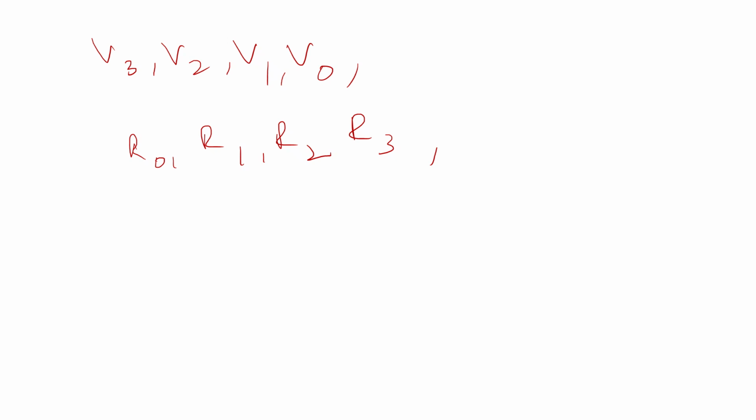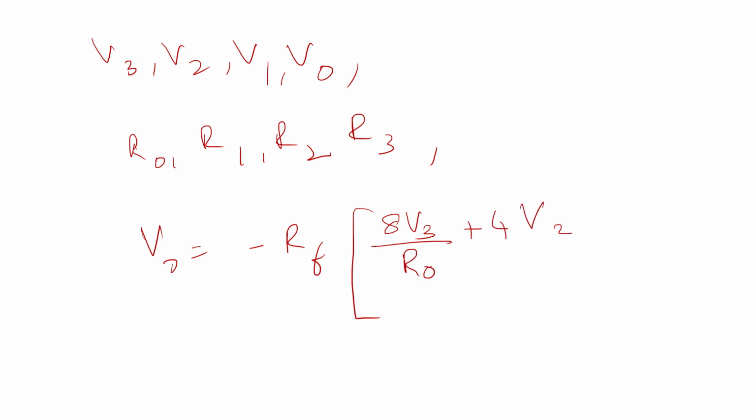Therefore, V0 is equal to minus RF into 8 times V3 by R0 plus 4 V2 by R0.